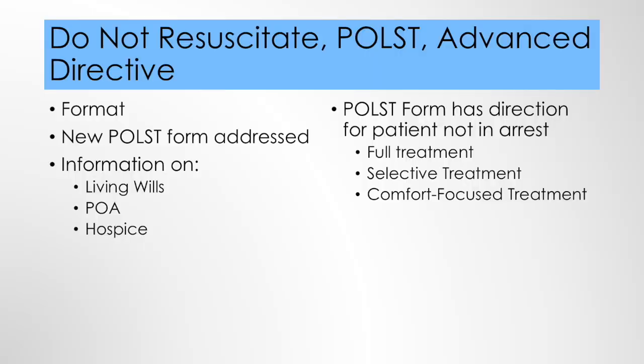And in the first section of it, the patient will determine if they want full treatment in the event of cardiac arrest, or if they wish to have a little bit more of a selective treatment. Then in the second box of that PULSE form, they will identify which treatments they want in the end of life.